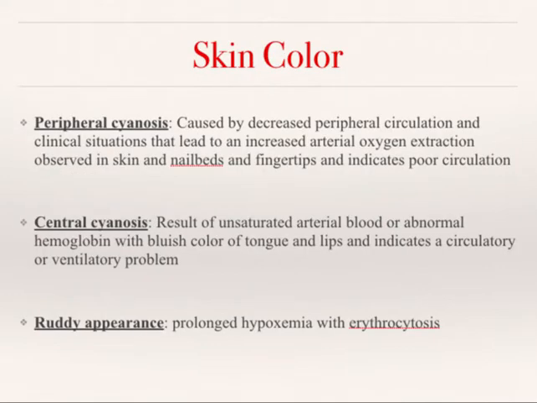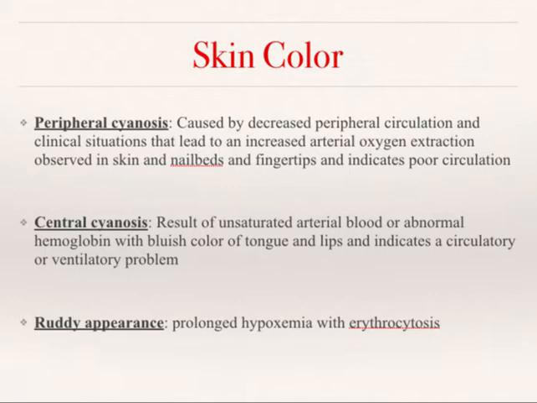Like I said before, we talked about this with skin, peripheral cyanosis, and this is decreased peripheral circulation. This is basically with clinical situations that lead to an increased arterial oxygen extraction. So when you're seeing these changes in the skin, fingernails, fingertips, they're having more of that peripheral circulatory issue, versus central cyanosis, which we talked about before.